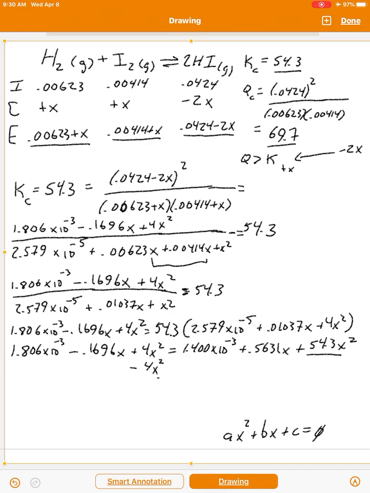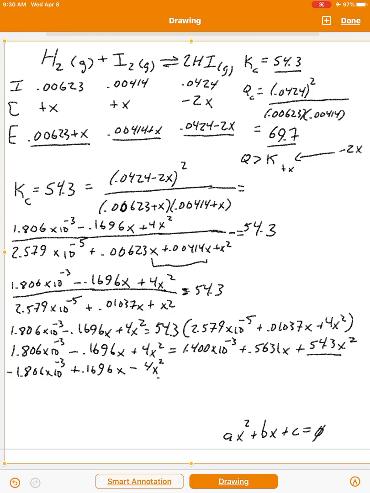And if this is negative 0.1696x, adding 0.1696x will get rid of that one. And if it's positive 1.806 times 10 to the minus 3, subtracting that will make that 0. However, you have to do the same thing on the right side that you do on the left in order to maintain the equality.